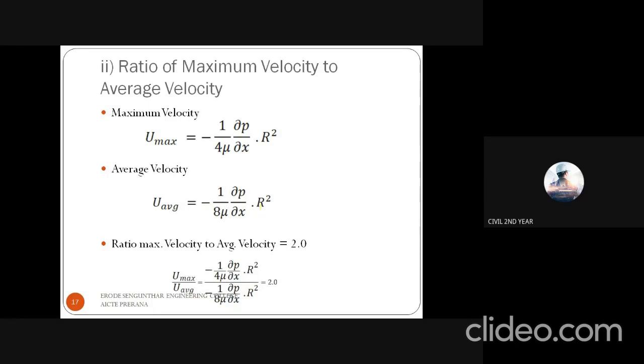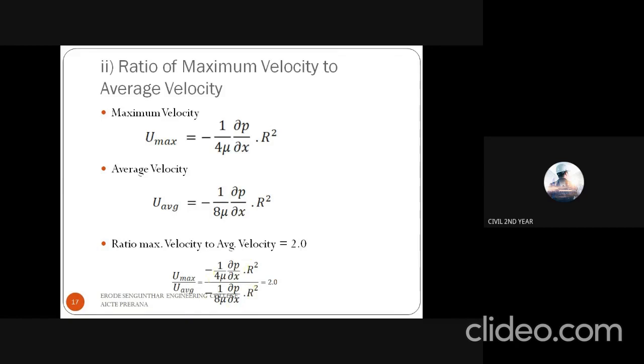Then we find the ratio of maximum velocity to average velocity, which is equal to 2.0. We substitute here u max divided by u average: minus 1 by 4 mu into ∂P/∂x into R square, divided by minus 1 by 8 mu ∂P/∂x into capital R square.